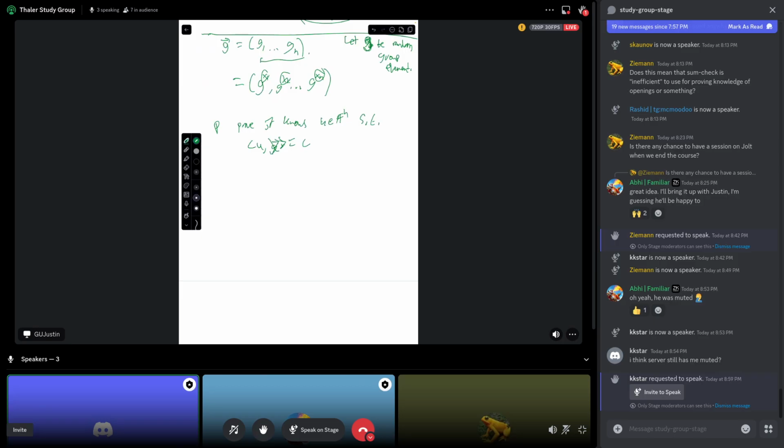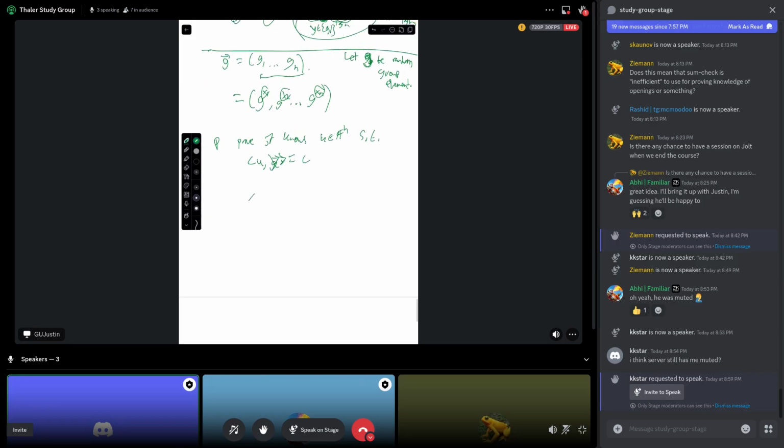But let's forget about G. This is a group element, so let C equal G to the Z. This is the old way; people have already said Bulletproofs and sum-check are the same.